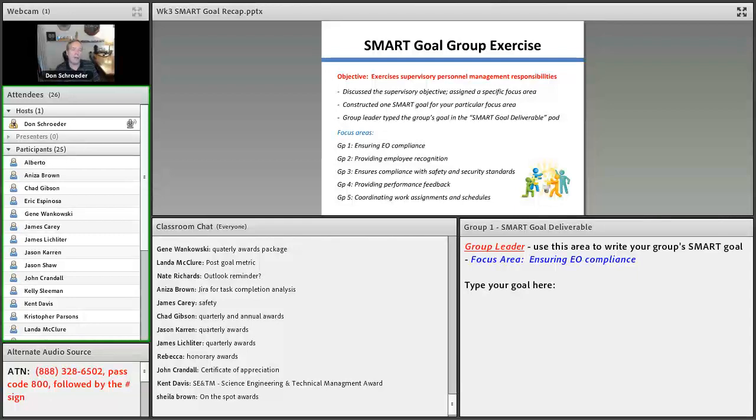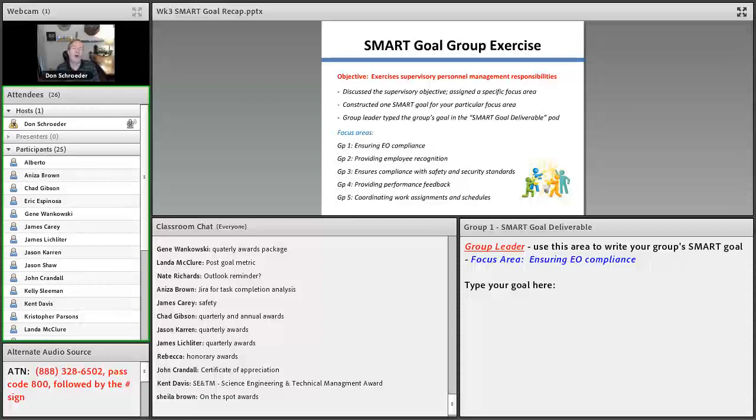Well, one of your jobs, Mary, is to make sure that you provide employee recognition for your subordinates. So, Mary, I've created this SMART goal for you because this is part of your DP map or your DSIPs or your ACT demo or whatever it is. It's part of your requirements when I do your performance management, so I want to make sure that you actually reach this particular goal.